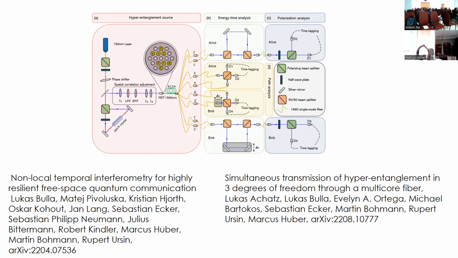Although the path entanglement is of course the most challenging, because the fiber is 411 meters, and some of the cores are effectively longer than others. I don't know why. So we had to look for a very long time, using the piezo stages that you see here, to get coherence between the different paths.